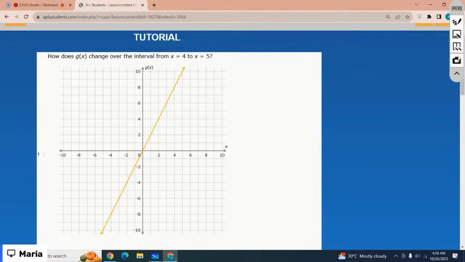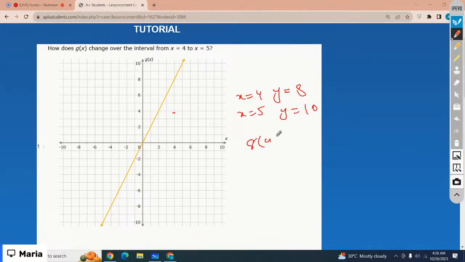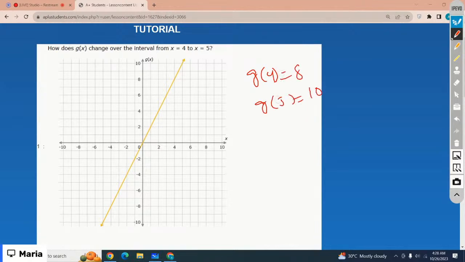No. Hold on. So g of 4 is 8 and g of 5 is 10. So you have to do g of 5 divided by g of 4, that is 10 over 8, that would be 5 over 4. How is the graph increasing by 2?